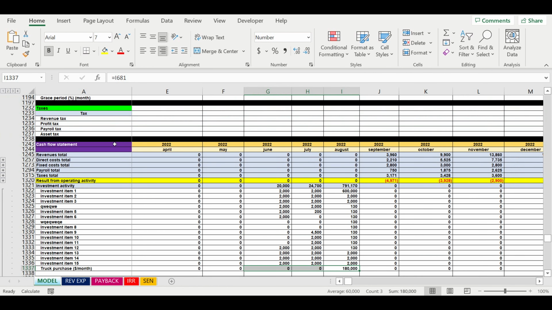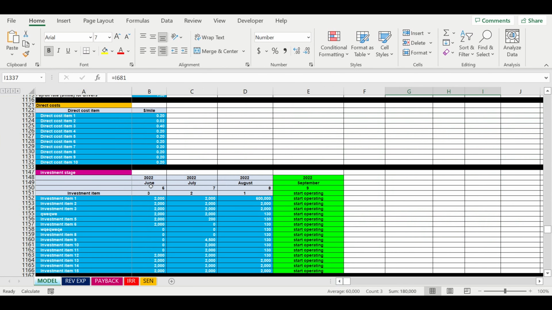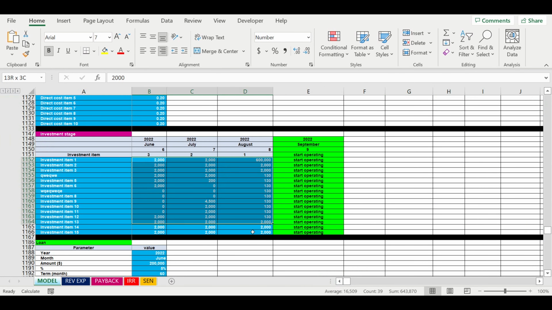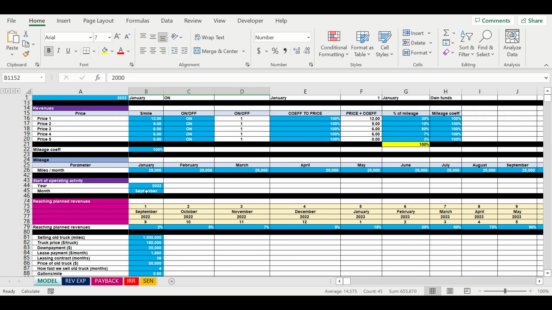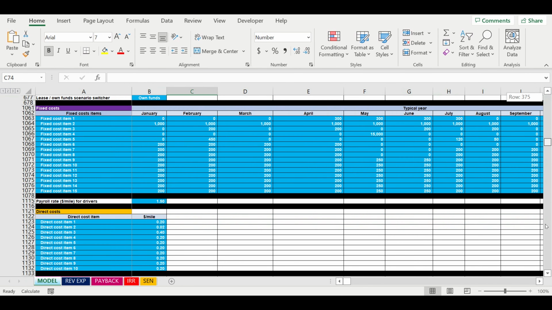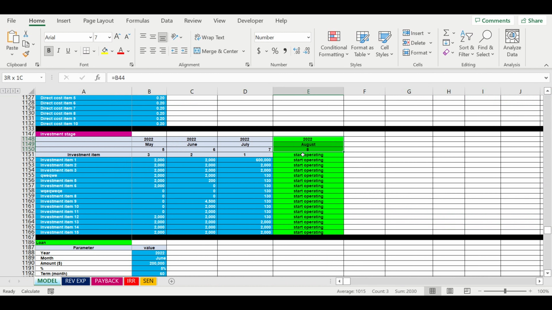So if we look here, these expenses are here, and if we want to displace the project back to August, so here we see August.